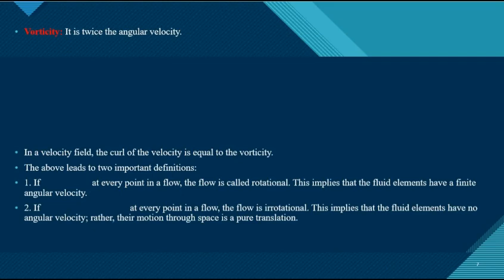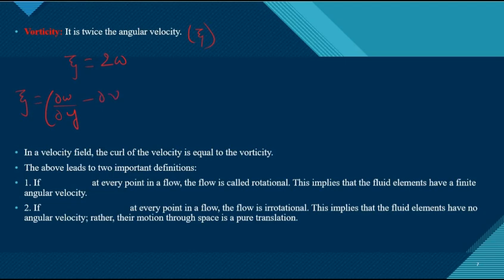Vorticity is to be defined as twice the angular velocity. Let us denote this vorticity with a symbol called xi. And when I say it is twice the angular velocity, xi would be equal to 2 omega. And when I substitute the omega in that, what happens to the equation?